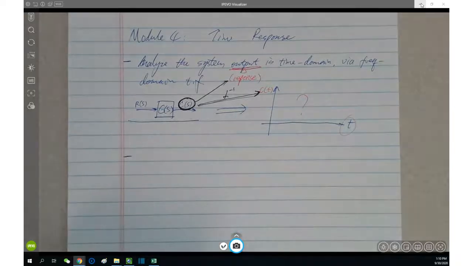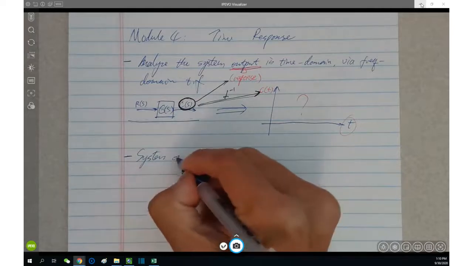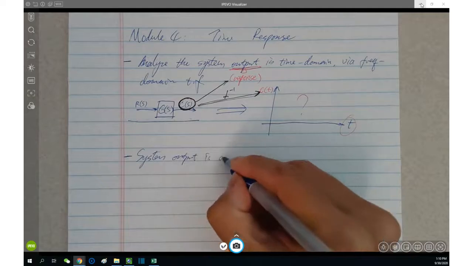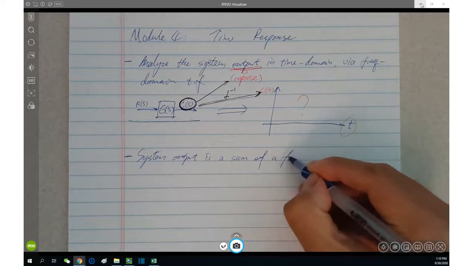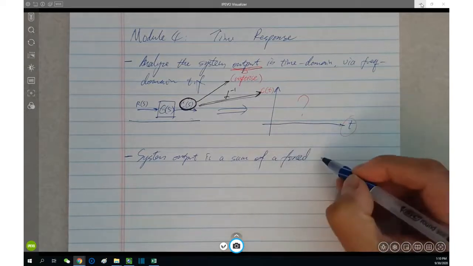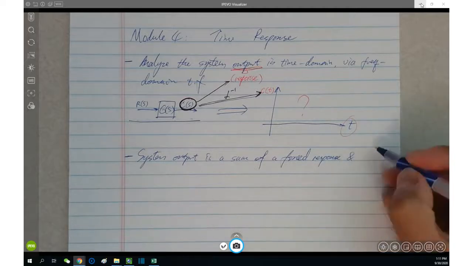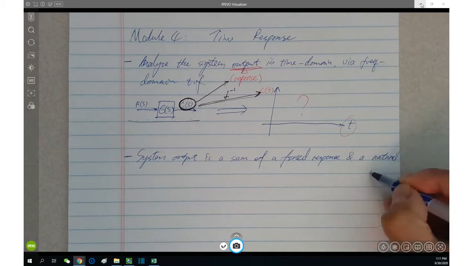And then second, the system output is a sum of forced response and natural response.